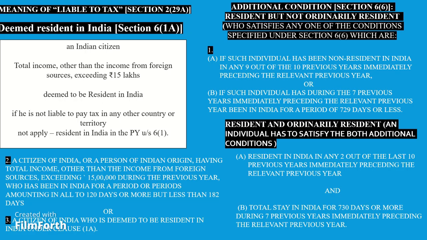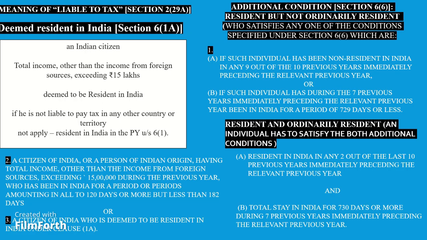Or 2. A citizen of India, or a person of Indian origin, having total income, other than the income from foreign sources, exceeding Rs. 15,00,000 during the previous year, who has been in India for a period or periods amounting in all to 120 days or more but less than 182 days.